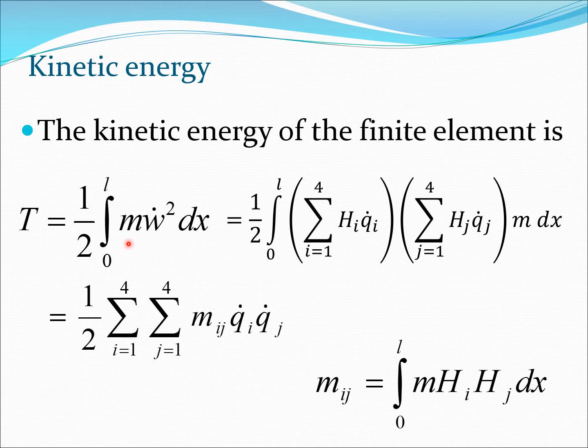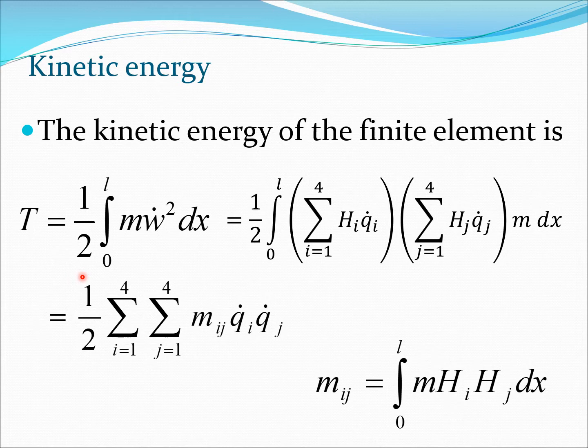And so the KE of an element becomes integral 0 to L of m w dot squared dx, and remember that L is the length of the element. So now I have this equation and we will discretize this.